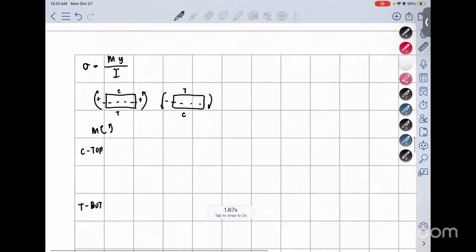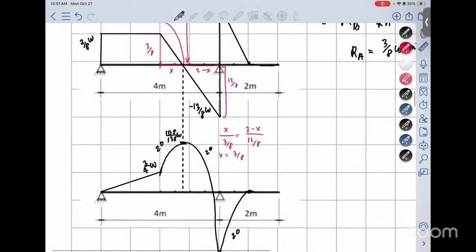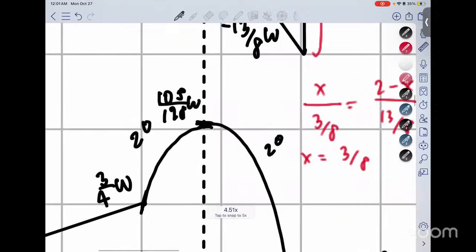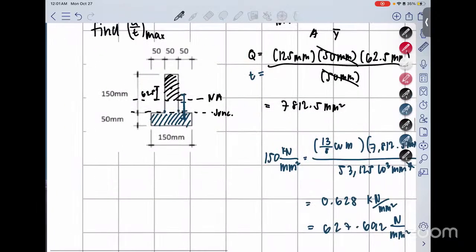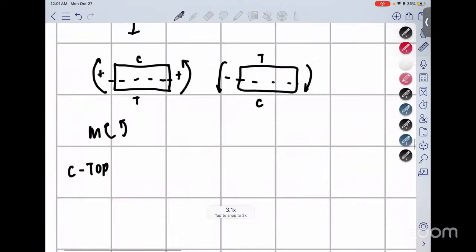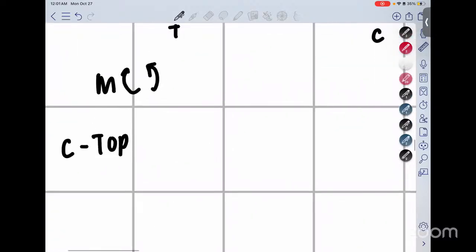So our highest maximum moment is 105 over 128 omega. This is my squared because the length in meters was used twice to multiply. So this is 105 over 128 omega meter squared.